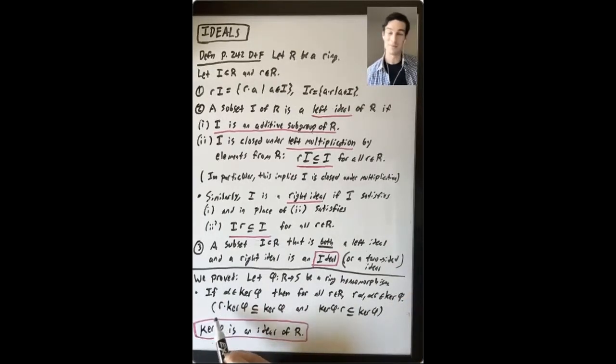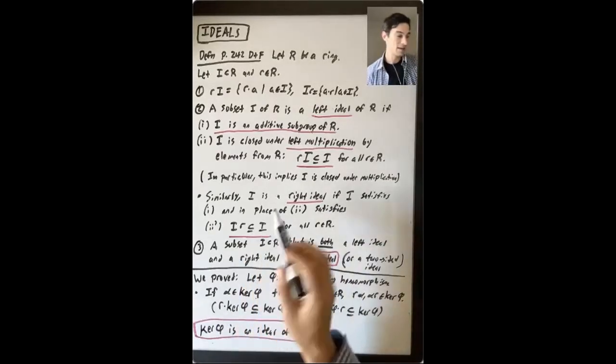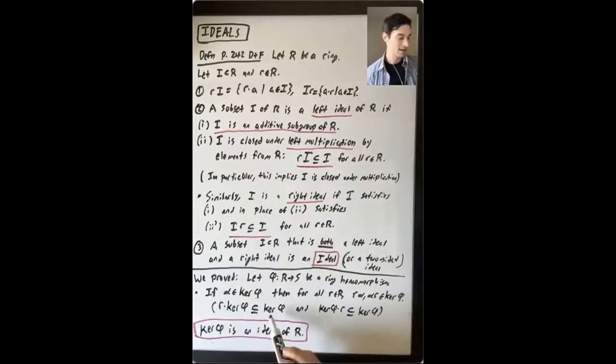So you can interpret that as saying that r times the kernel of phi, this subset, is contained in the kernel of phi. And same thing, the kernel of phi times r is contained in the kernel of phi. So what have we seen? We've seen that the kernel of phi is an ideal of R. I'm going to pause and erase, and I'll give a few final comments about the relationship between ideals and subrings.